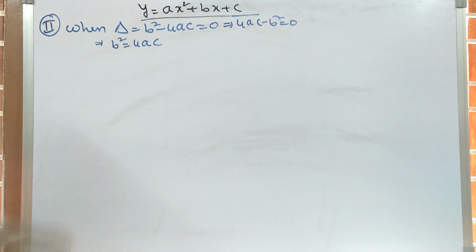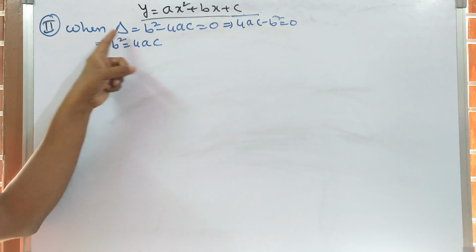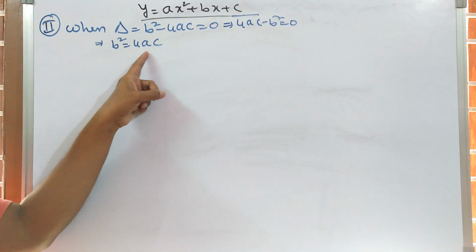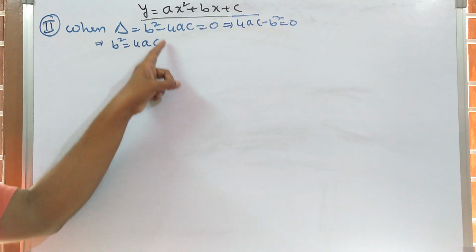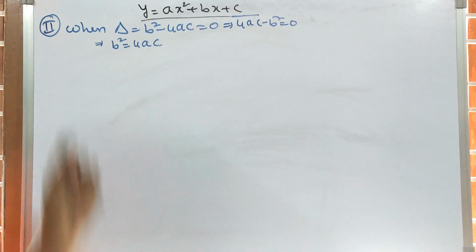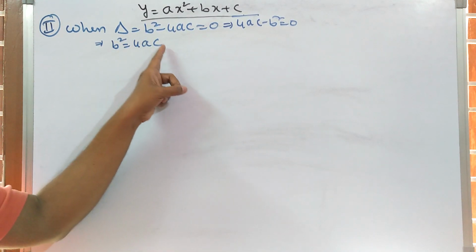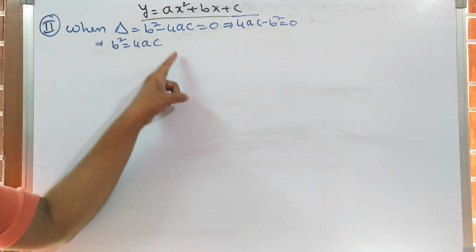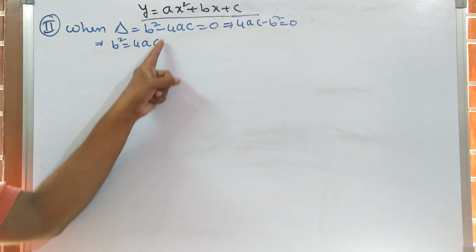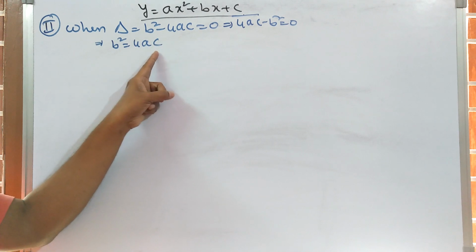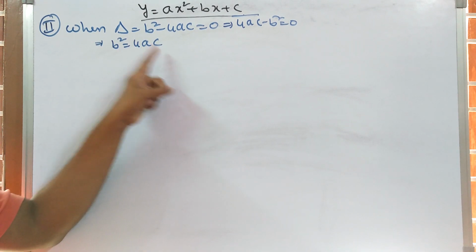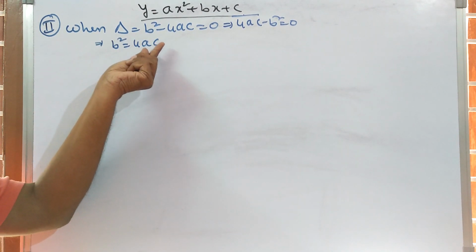So b square is a perfect square, it should always be positive. That means ac must be positive. When ac is positive, both a and c are positive, or both a and c are negative. The product of two numbers is positive if and only if both have the same sign. Both must be positive or both must be negative.